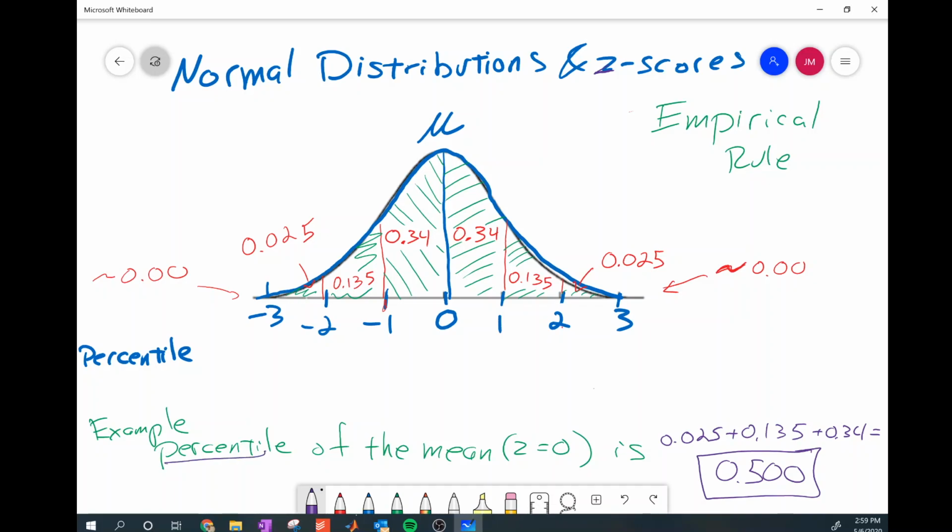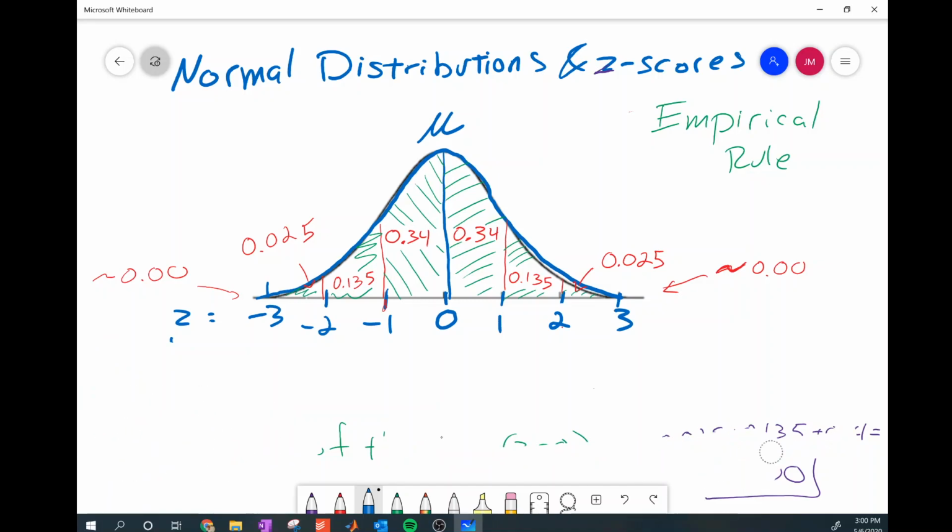So the percentile of our mean, so we're going to have our z's up here. Oh, that goes away. These will be my z's. And below my z's, I'm going to put my p's.